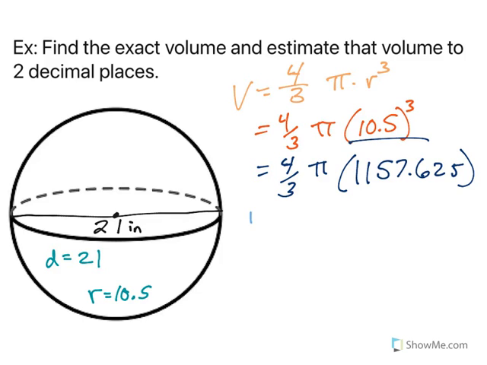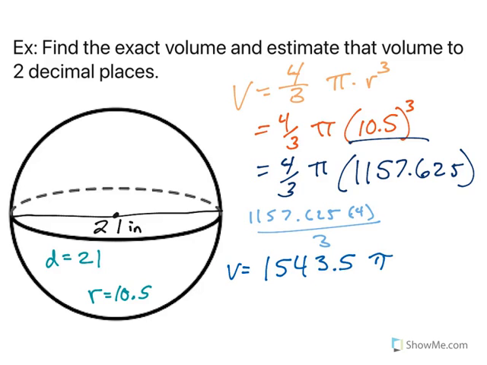Again, I'm going to take that number, 1,157.625, multiply by 4, and divide by 3, because that's the same as multiplying by 4/3. So my exact volume is going to be 1,543.5 pi, and our units is inches, so that would be inches cubed.